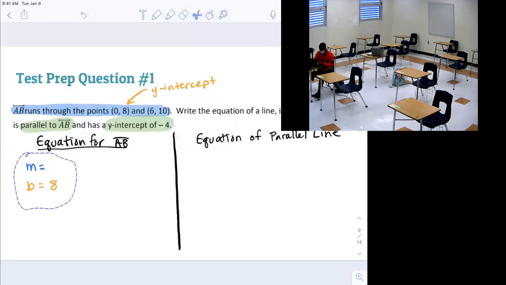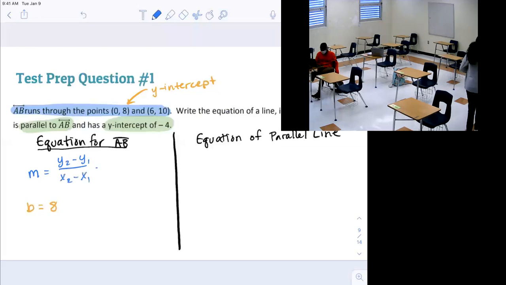Okay, can you elaborate on that a little bit? Perla? You can use the slope formula, y2 minus y1. Yeah, so I don't know if that's what you were getting at, Daniel, but Perla's correct. We can use our slope formula to figure out the slope.